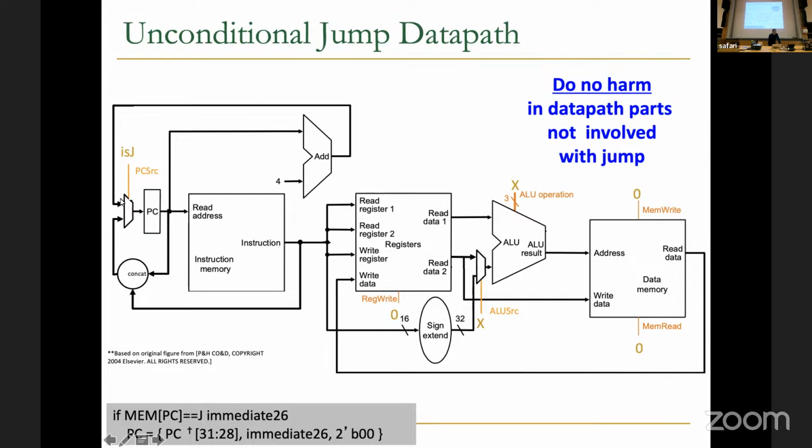Now the program counter needs a multiplexer, because in case of jump, the multiplexer selects the output of this concatenator. For all other instructions that we have seen so far, the multiplexer selects PC plus 4, right? All other instructions increment the PC. The multiplexer changes the PC in a different way. This sounds good?